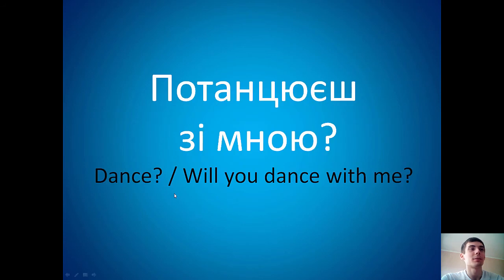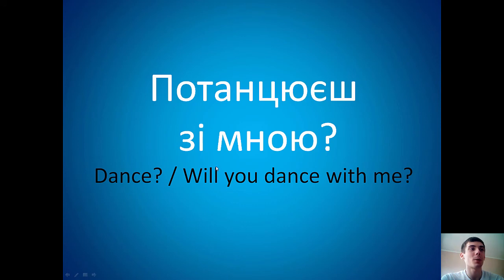Let's move on. Dance, or will you dance with me? Потанцюєш зі мною? Okay, let's go word by word. As in English, you can say потанцюєш, чи танцюєш, чи потанцюємо, just dance. And you can say потанцюєш зі мною, will you dance with me?